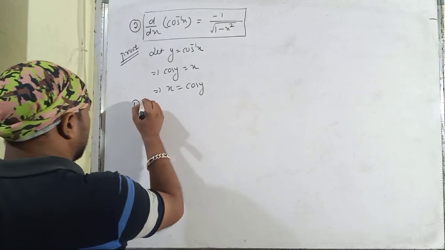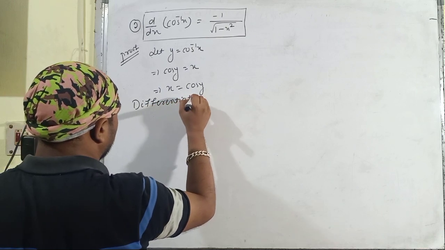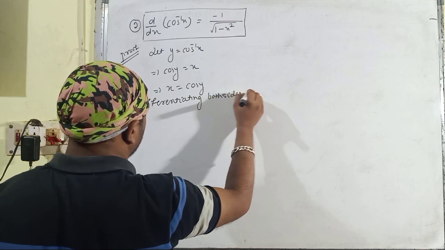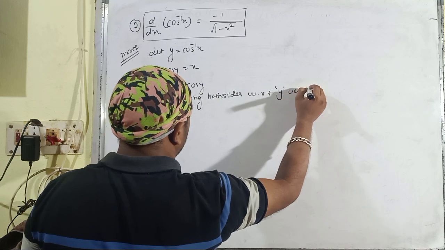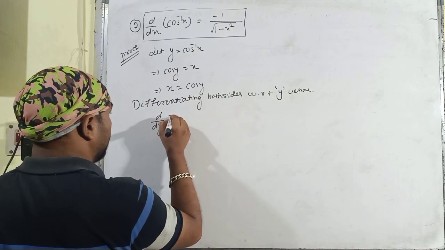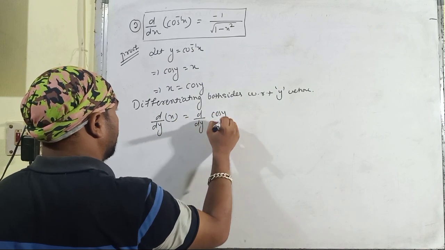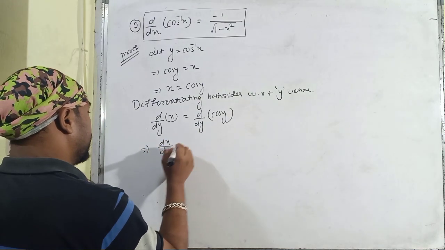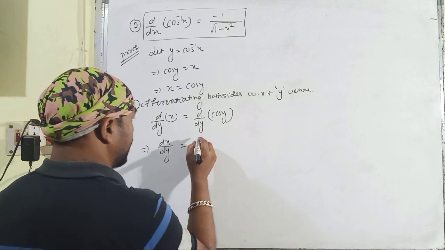So differentiating both sides with respect to y, we have dx upon dy, differentiation of x with respect to y.